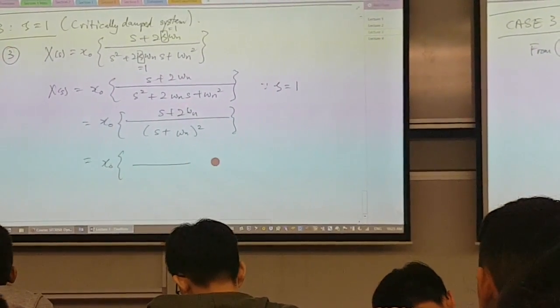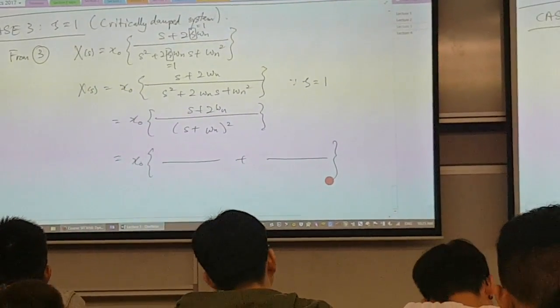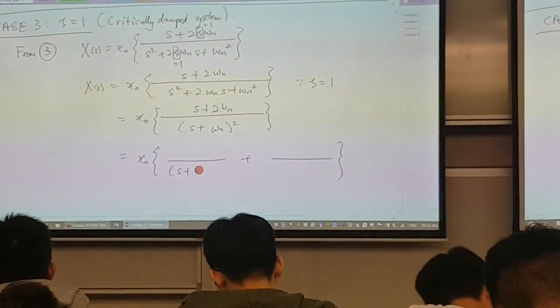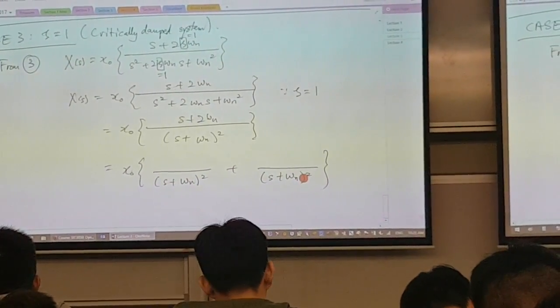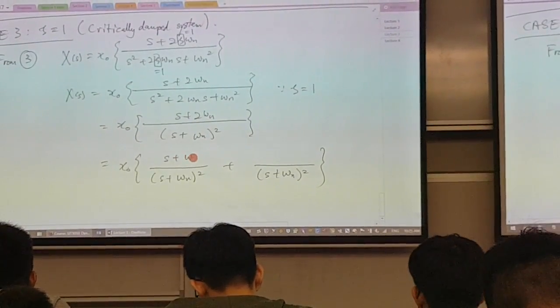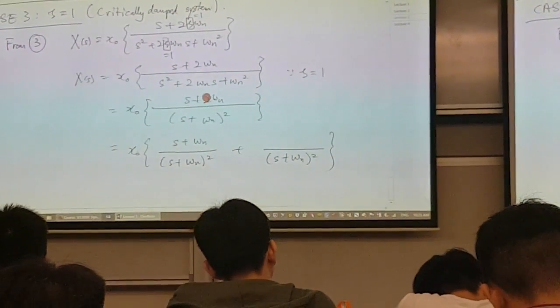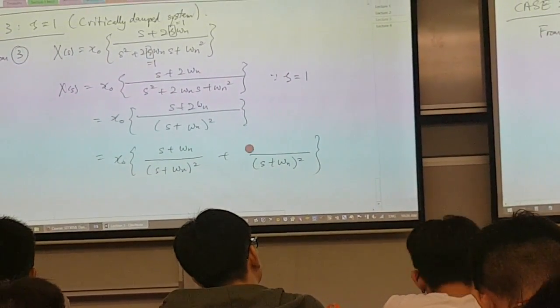And that numerator, I'll also do something to it. I'll break it down into two terms, where the denominator will be the same. And in this numerator, I'm going to keep s plus omega n, because it's s plus 2 omega n, so the other omega n will go to this side.